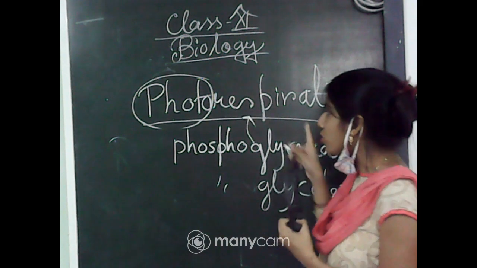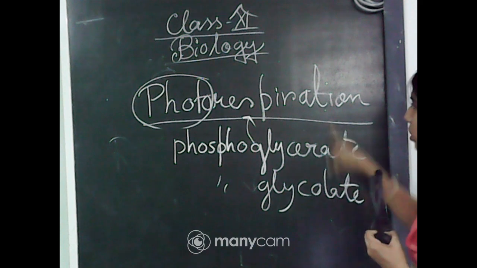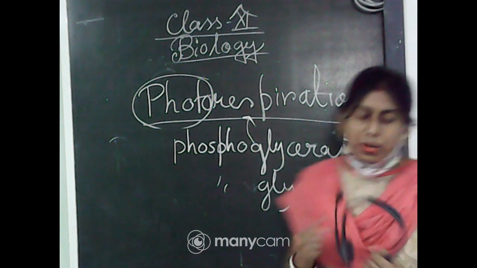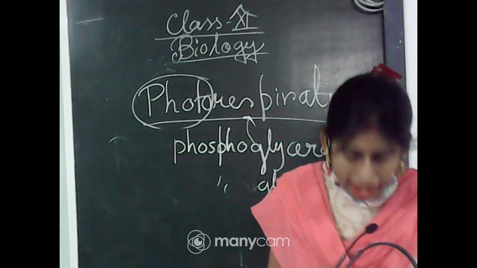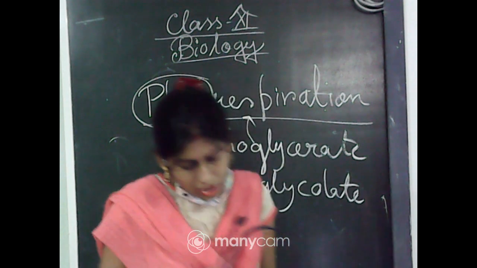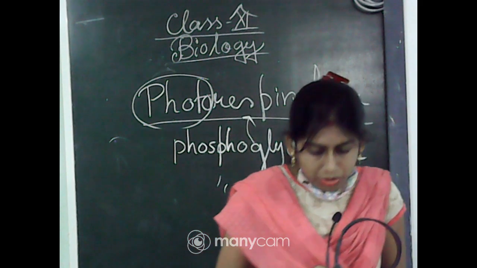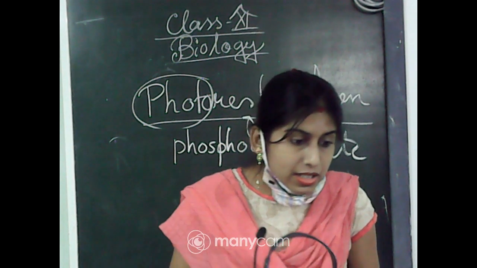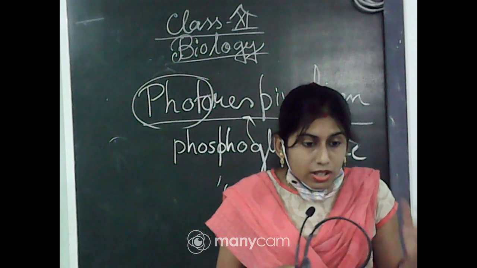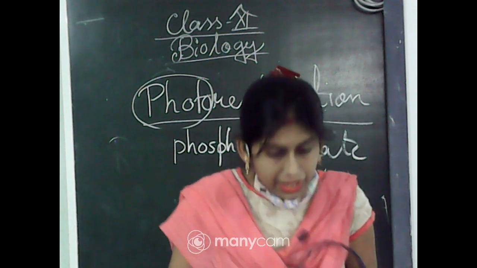Okay, so what are the products of photorespiration? That is 1 molecule of phosphoglycerate and phosphoglycolate. So you can see that in this photorespiration pathway there is neither synthesis of sugars nor ATP or NADPH.